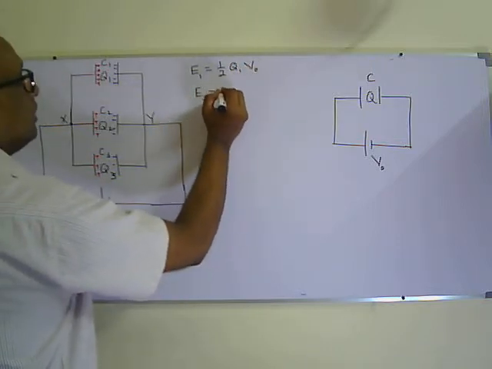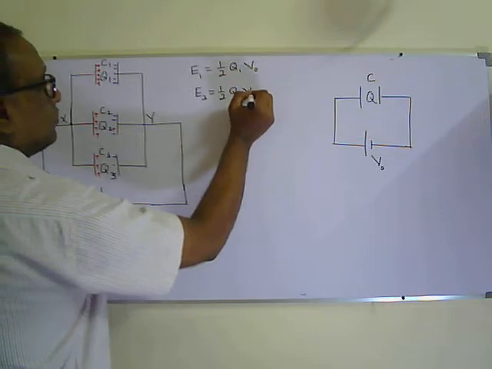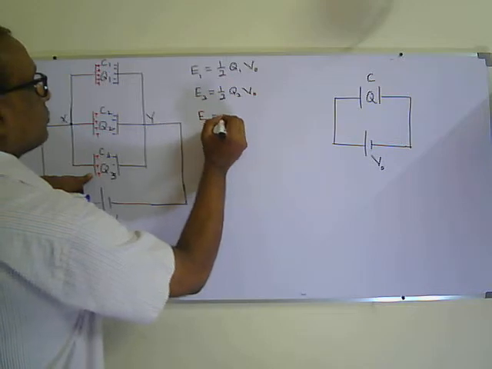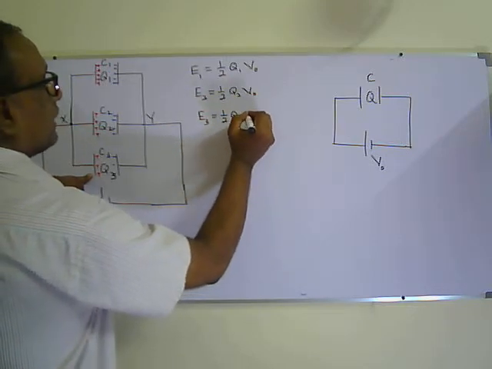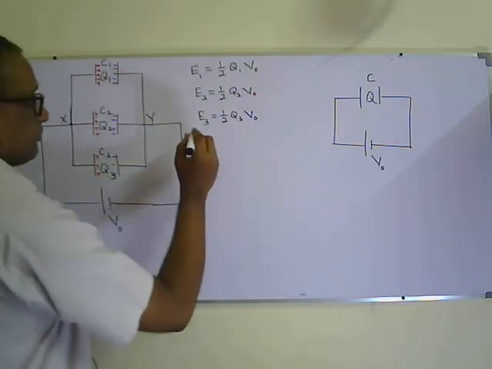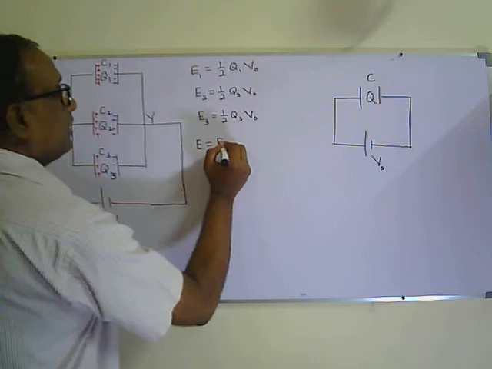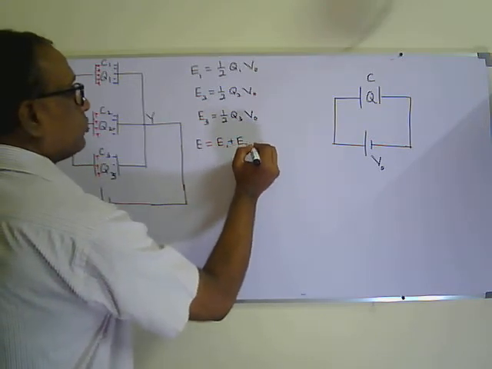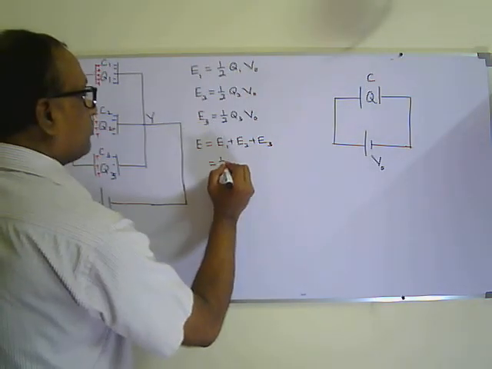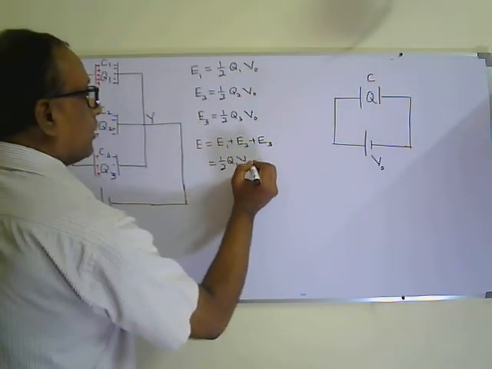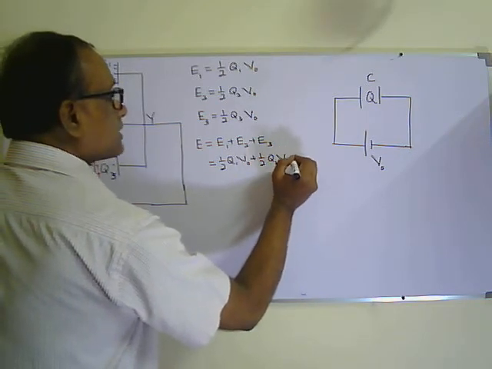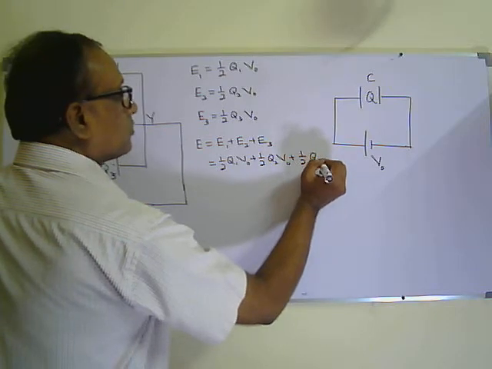E2 is equal to half Q2 V naught, and the energy stored in this one, E3 is equal to half Q3 V naught. So the total energy of the parallel connection of these capacitors is equal to E1 plus E2 plus E3, that is half Q1 V naught plus half Q2 V naught plus half Q3 V naught.